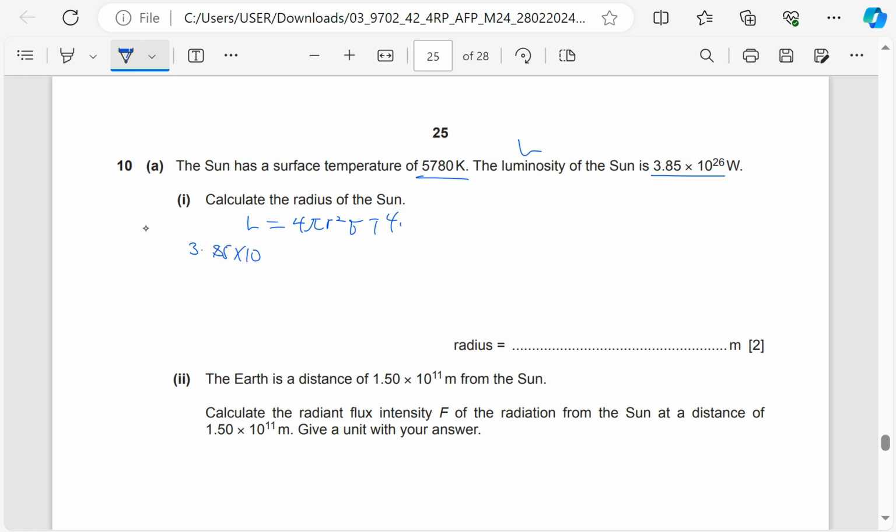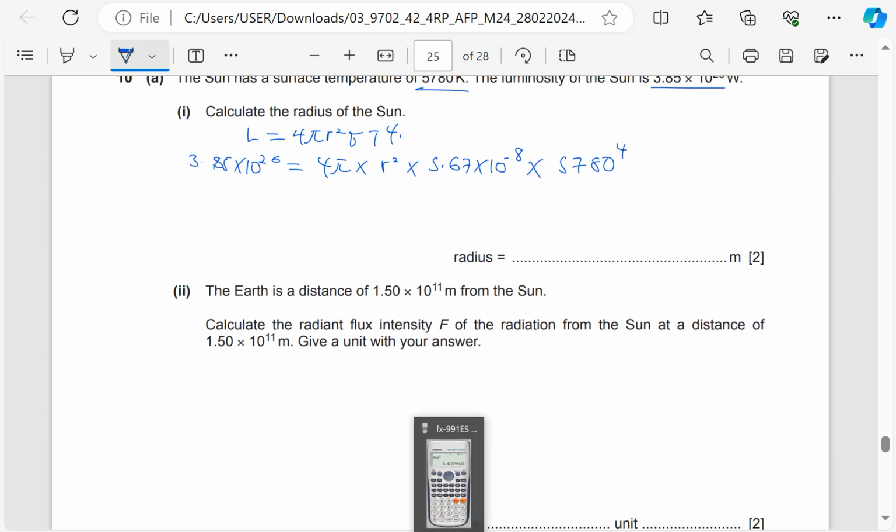So the luminosity is given as 3.85 times 10 to the power of 26, equal to 4 pi times r squared times the Stefan-Boltzmann constant, which is 5.67 times 10 to the power of minus 8. It is always given in the list of constants. The temperature is 5780 to the power of 4. So I'm just going to press my calculator.